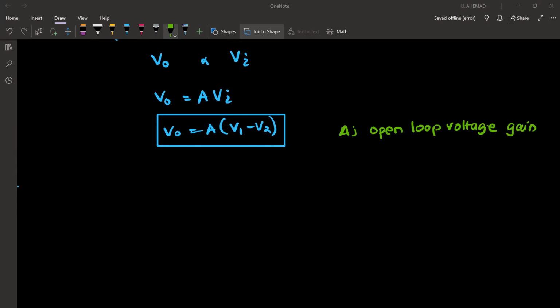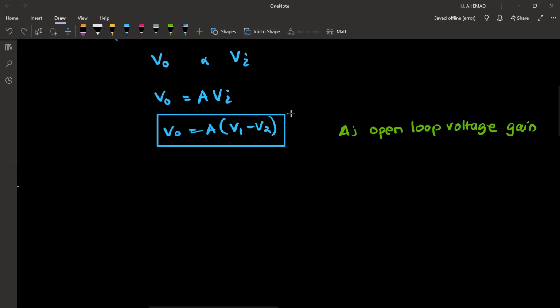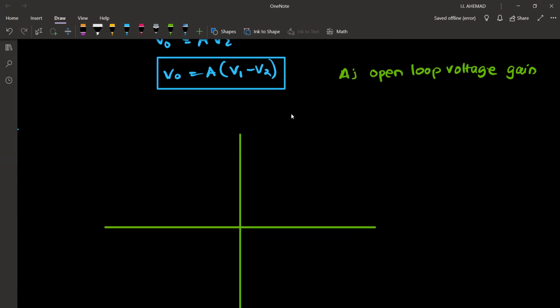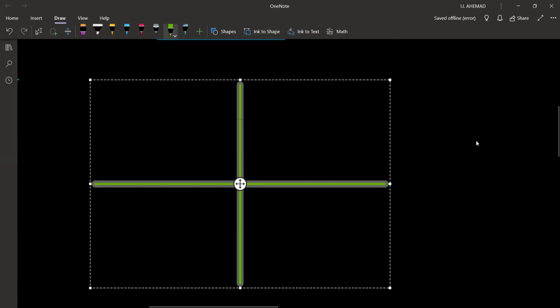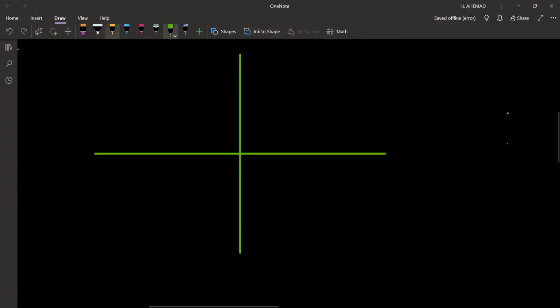So if we draw the variation of output versus input, we get a variation similar to this.